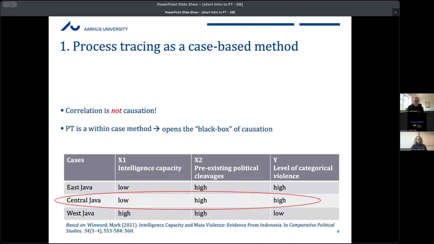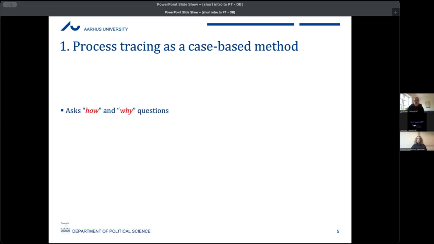That would be the process tracing, for example, selecting one of these cases and going in and seeing how intelligence capacity actually plays through a process, people doing things, interacting with each other, that potentially at least produces or contributes to produce a given outcome.